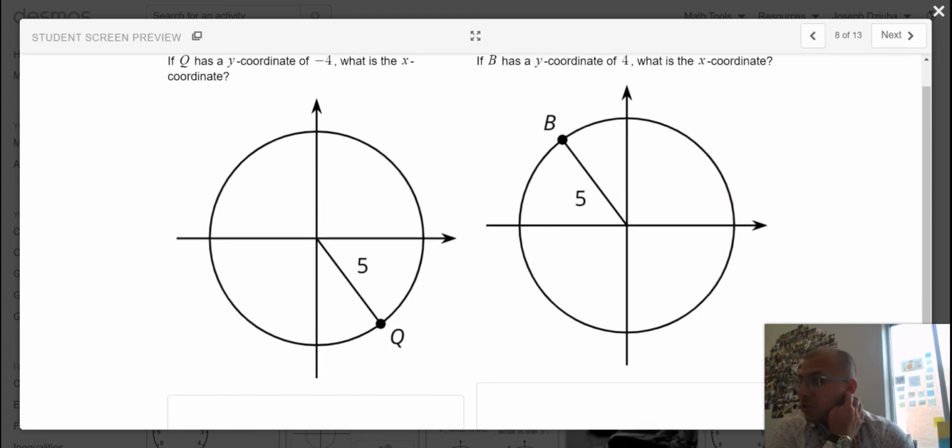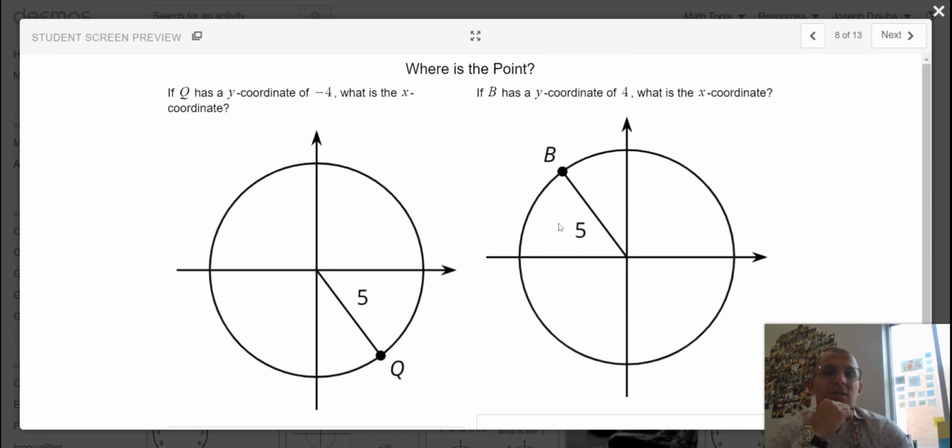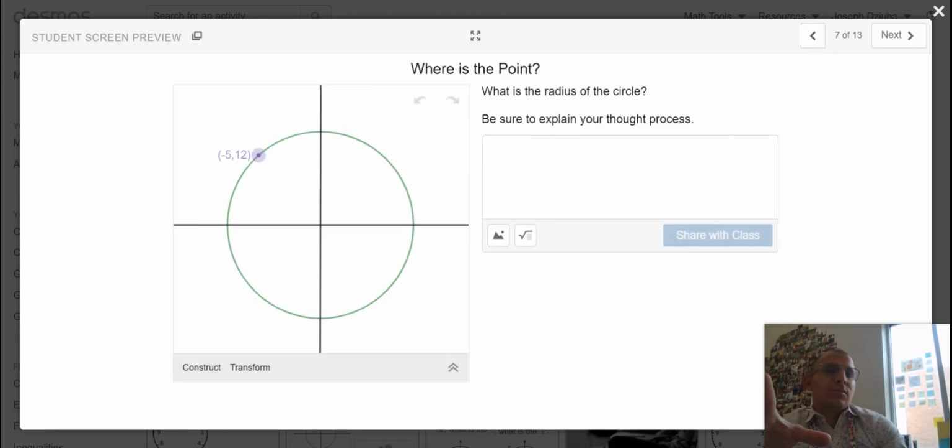Now, that information should prove useful because in both of these situations, we're told a particular coordinate, in this case the y-coordinate, having a particular value. We're told the radius, and now we're tasked with determining what the x-coordinate is. Very similar to what we're doing here.